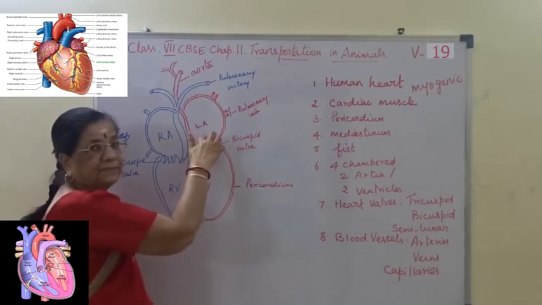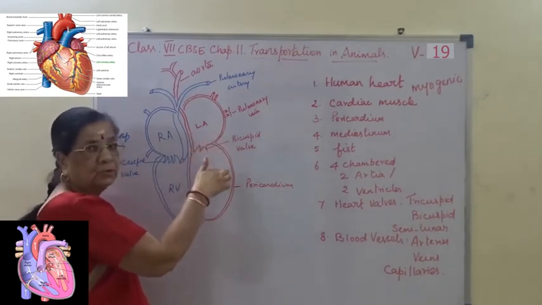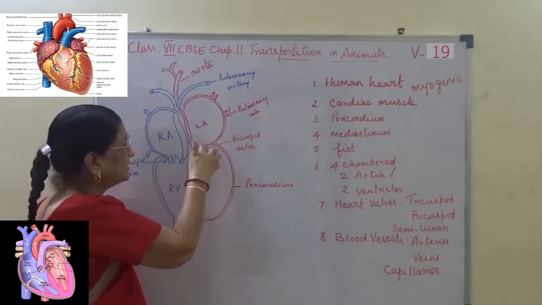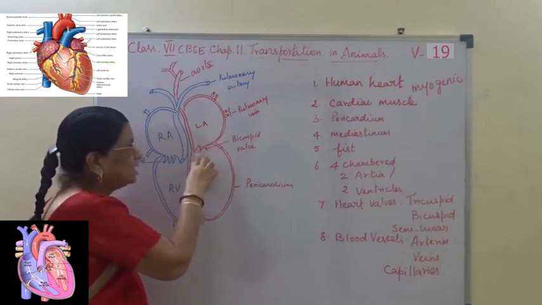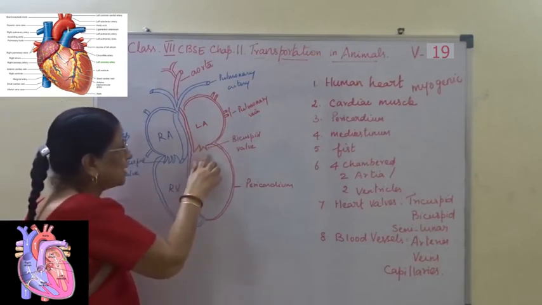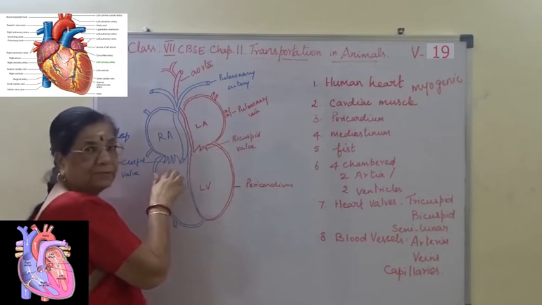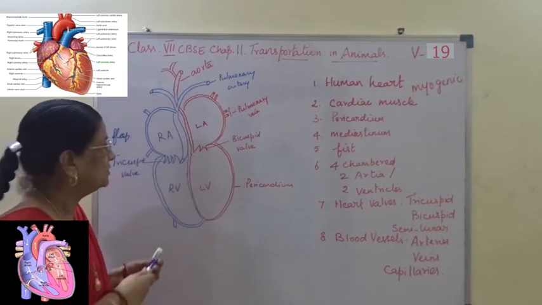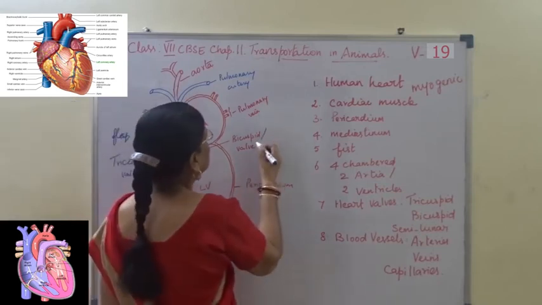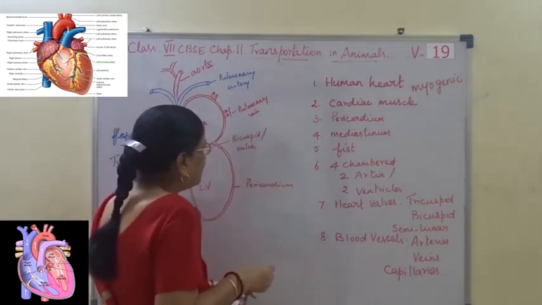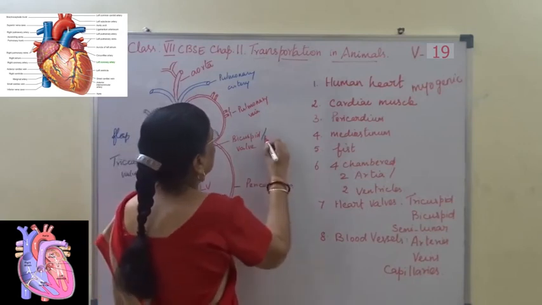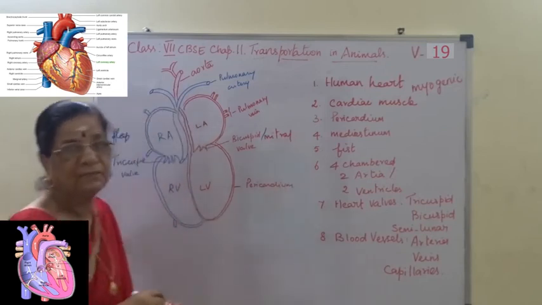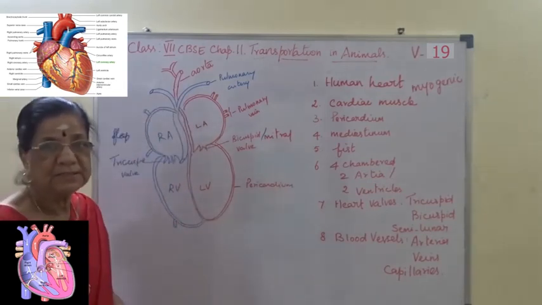Same way, left atrium is opening into left ventricle and that is opening through the bicuspid valve. 2 flap. Here 1, 2, 3, 3 flap. Here it is 1 and 2, 2 flap. Right? So this bicuspid valve, it is also called mitral valve. I hope you understand.